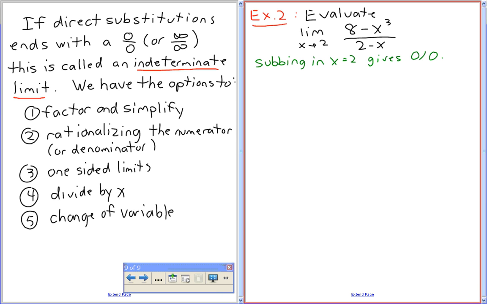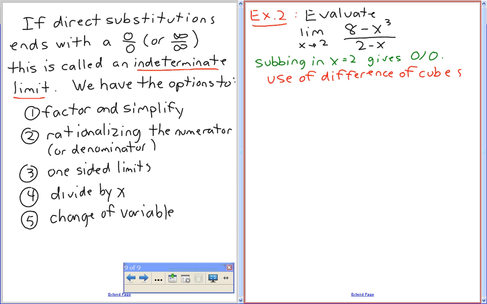Okay, because what's causing us the problem is this 2 minus x we've got to get rid of, right? So we're going to hopefully have a 2 minus x in the numerator, and that will do it. So we will actually use difference of cubes here. I'm actually glad we learned that on the first day of class. Now, if you don't want to have difference of cubes memorized and you want to do long division or synthetic division or something, go right ahead.